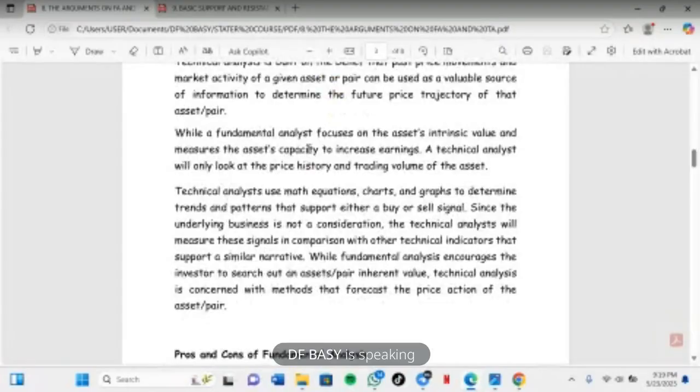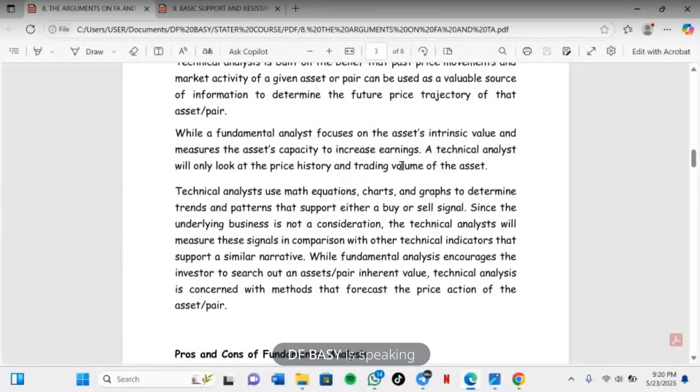While fundamental analysis focuses on the asset's intrinsic value and measures the asset's capacity to increase earnings, a technical analyst will only look at the price history and the trading volume of the asset, right? That's what I just finished explaining. That is simply looking at each chart, each time frame, each candle, what information they are telling you, what information they are passing out to you, right?